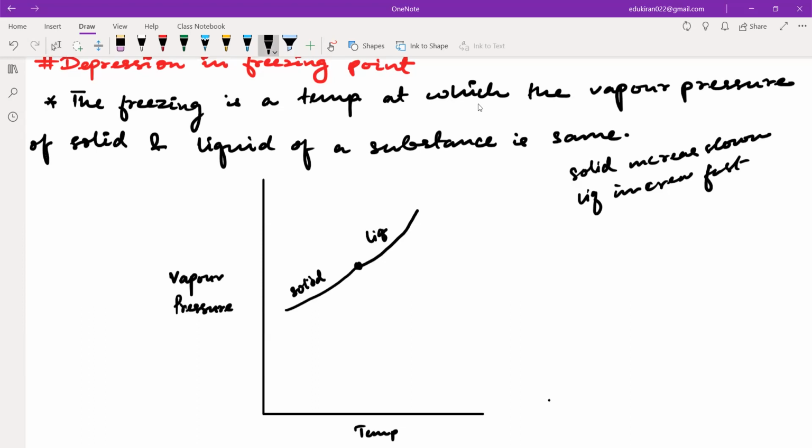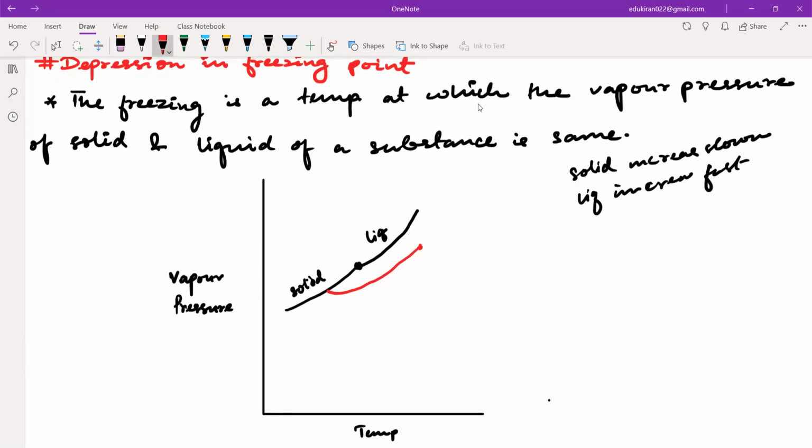Now, let us say this is for pure solvent. Obviously, the vapor pressure of solution will be lower than that of pure solvent. Yes or no? Correct? The vapor pressure of solution will be lower than that of pure solvent. And if I extrapolate this, then it is touching the solid line at this point.